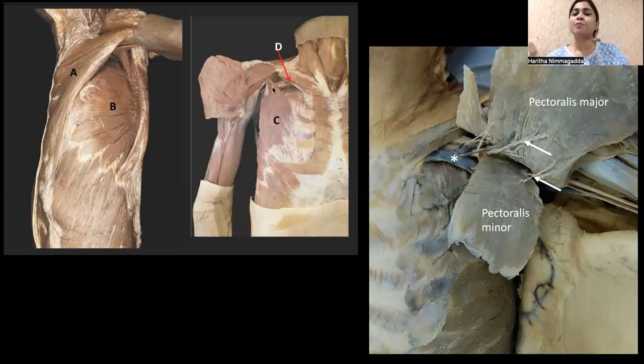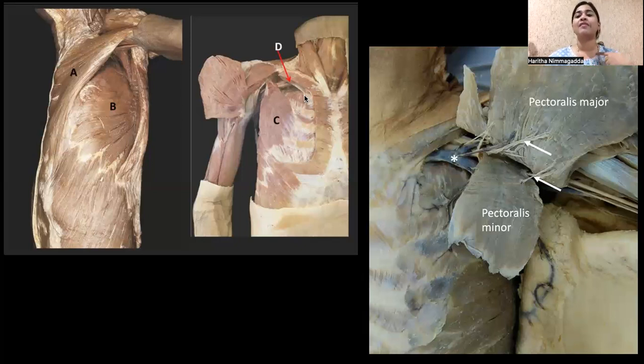Then we can see there is another muscle beneath it. This is called pectoralis minor, because we had seen pectoralis major. Once we reflect this, we can see the next muscle, that is pectoralis minor. Now, what is the last and smallest muscle here? You can see the cut portion of pectoralis major here, and beneath this we can see a small muscle. This is called subclavius. Sub means below, and clavius means clavicle.